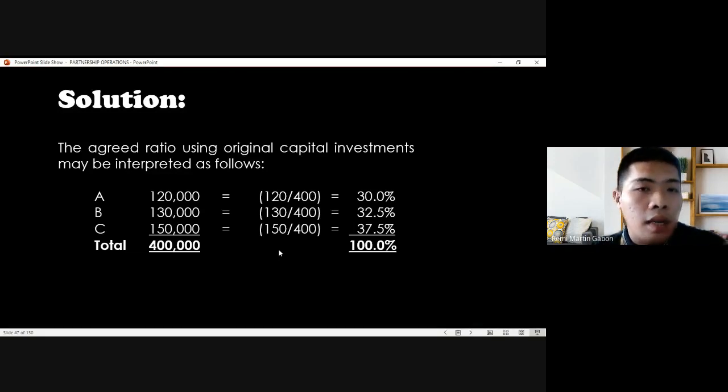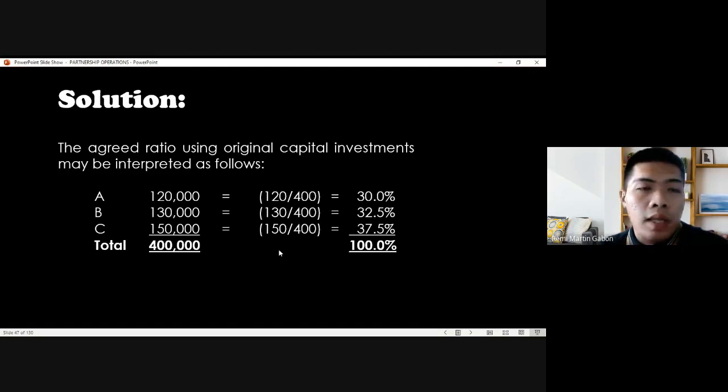The original capital investment totals 400,000. So we have 120 over 400, 130 over 400, and 150 over 400 respectively for A, B, and C.